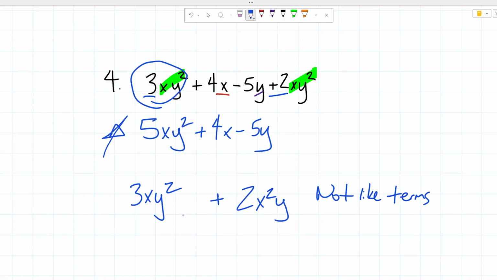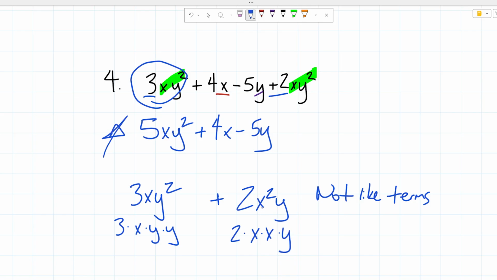And let's explain why that is. Well, if I look at this and I kind of break it down, I'm doing 3 times x times y times y. Remember, this exponent of 2 tells us to multiply y by itself twice. And over here, I would have 2 times x times y.